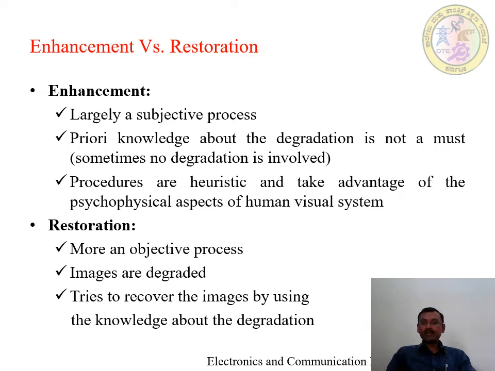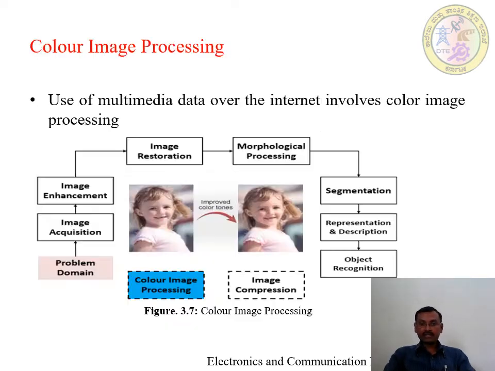The prior knowledge about the degradation is not required. Sometimes no degradation is involved. Here, the procedures are heuristic and take advantage of the psychophysical aspects of human visual system. But restoration is more an objective process where images are degraded. Here, it tries to recover the images by using the knowledge about the degradation.